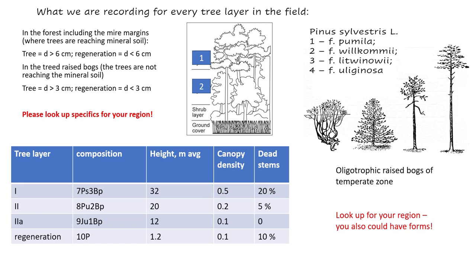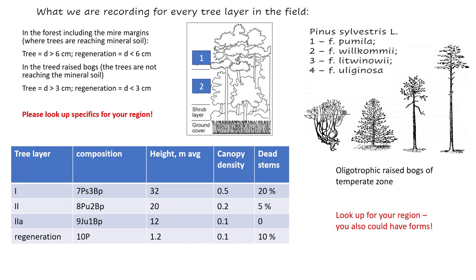This reflects the percentage of every species, and it's written as a sort of formula. For example, if you have 70% pine trees and 30% birch, you just put 7 Pinus sylvestris, 3 Betula pendula.